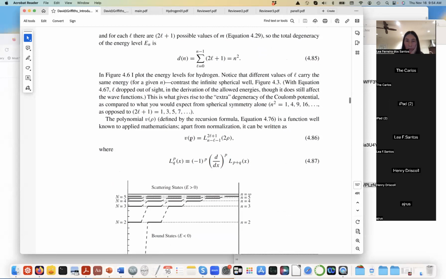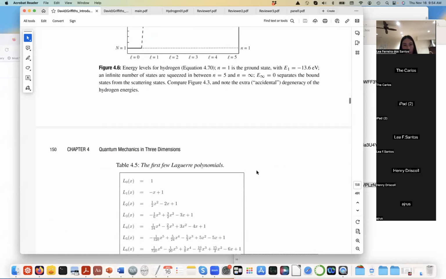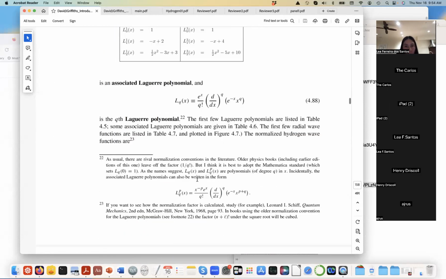The V part of the radial solution can be written in this form, where these L are those Laguerre functions. How do I get these L's? Well, you can just follow this equation. You see again, the function is written in terms of another L, which is a polynomial. And to get to that polynomial, you follow that equation.